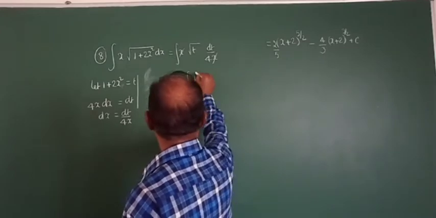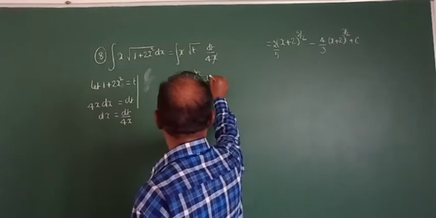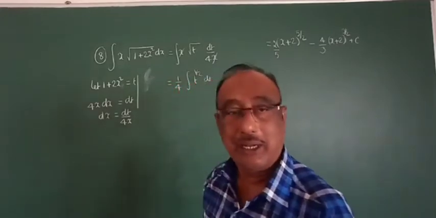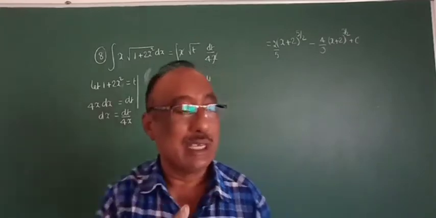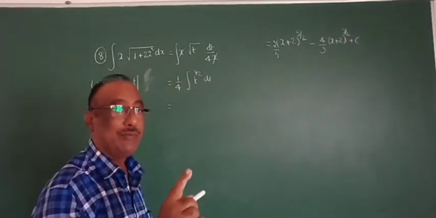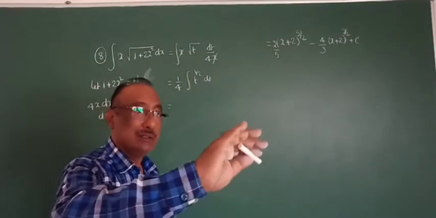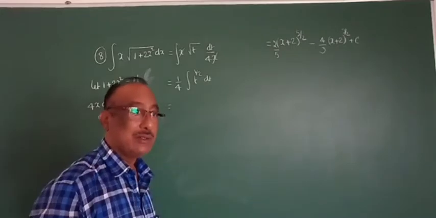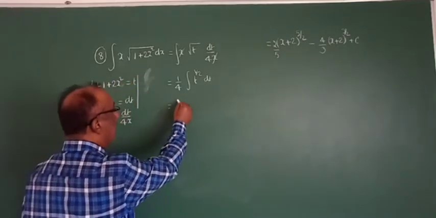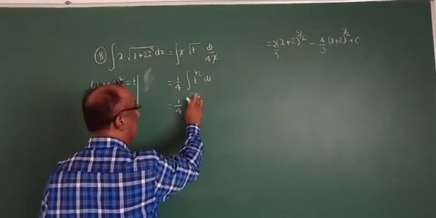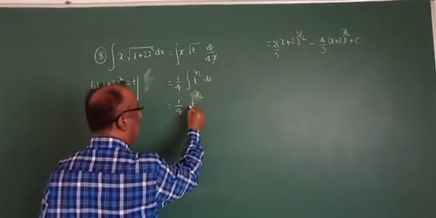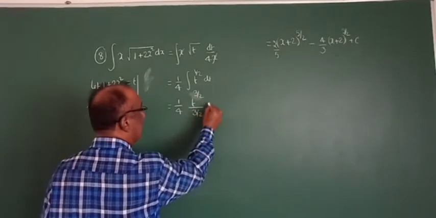The integral of root t, which is t power 1 by 2, dt. 1 by 2 is the x power n formula because of the single variable. So 1 by 4 times t power of 1 by 2 plus 1, that is 3 by 2, over 3 by 2, plus c.